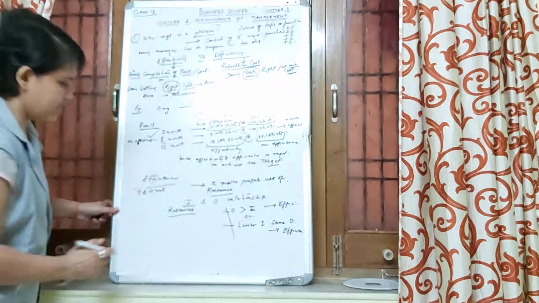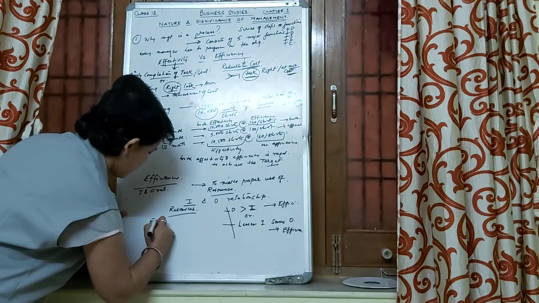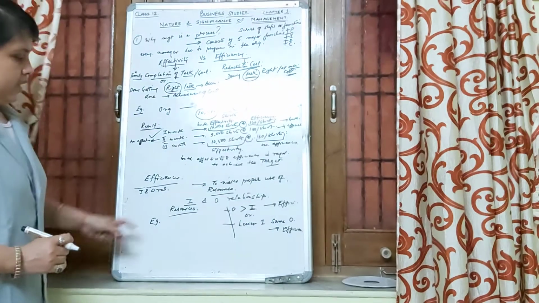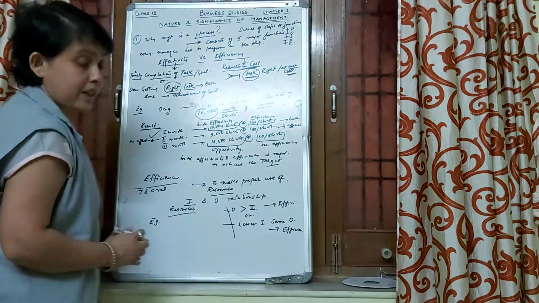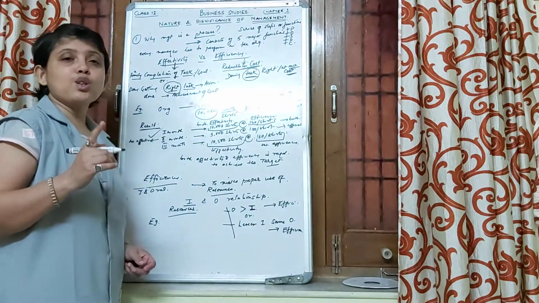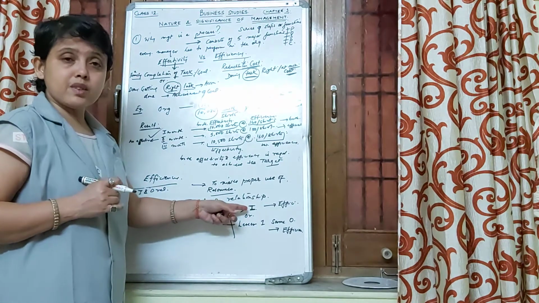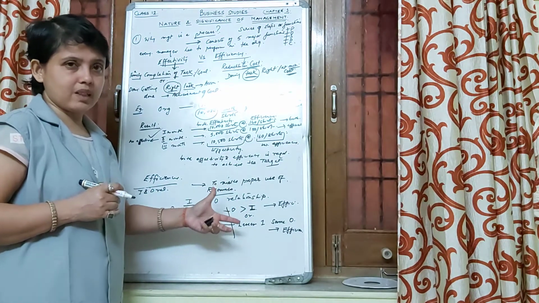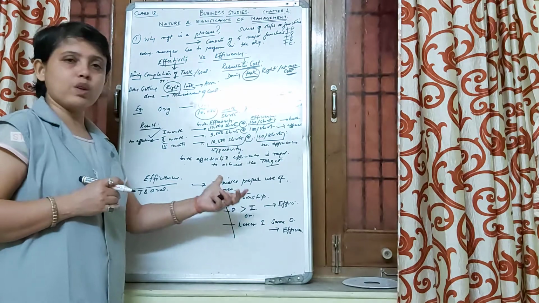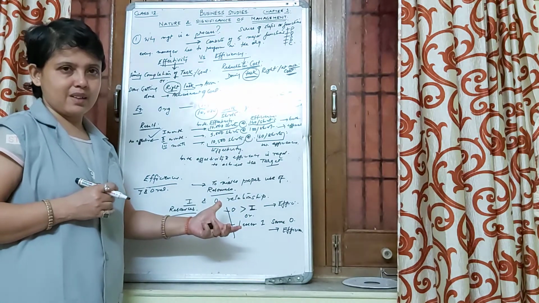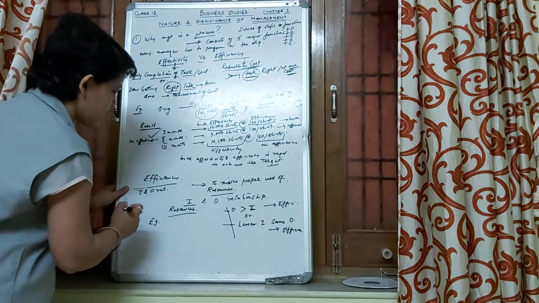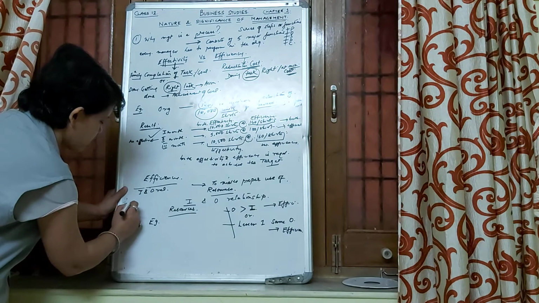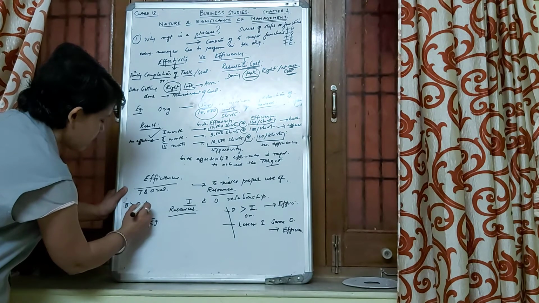For example, you can take input, that means the cost, and output in the form of the benefits which you are getting, or the goals, to what extent you are achieving. The benefit should always be greater than the cost involved.